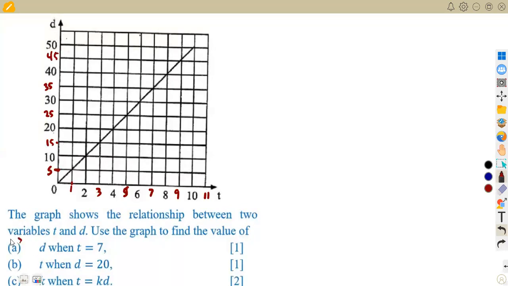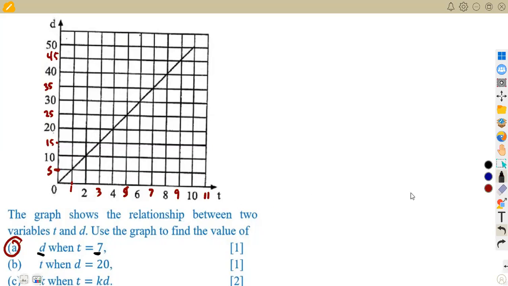So the question on A is, use the graph. You are using this straight line that you are seeing here. It shows us the relationship between these variables. So they are saying here, to find the value of t when t is equal to 7.